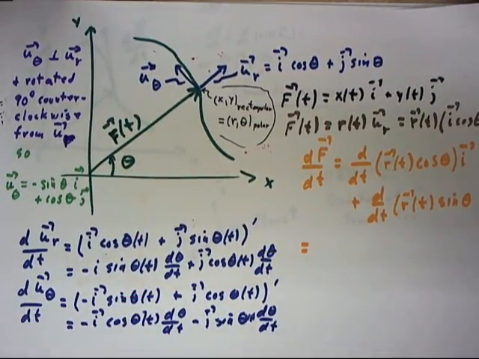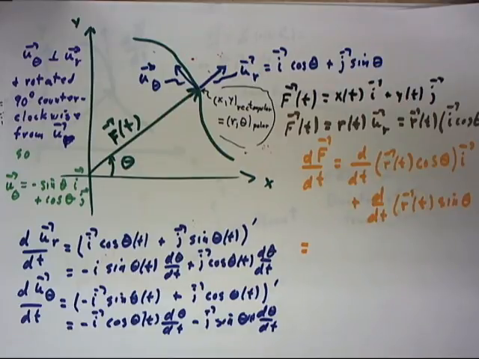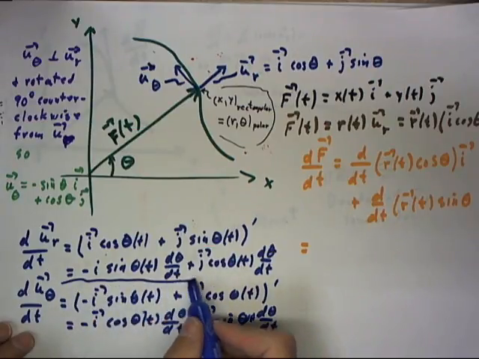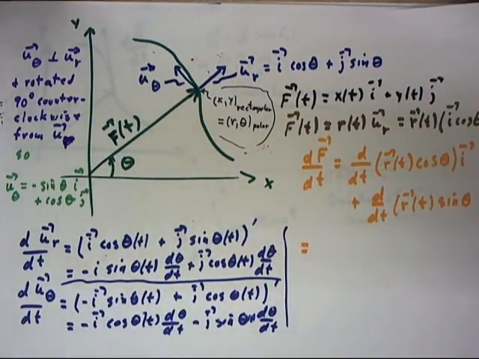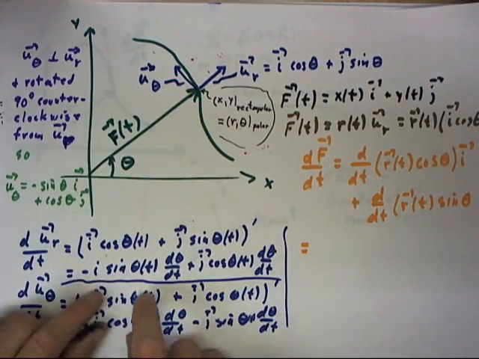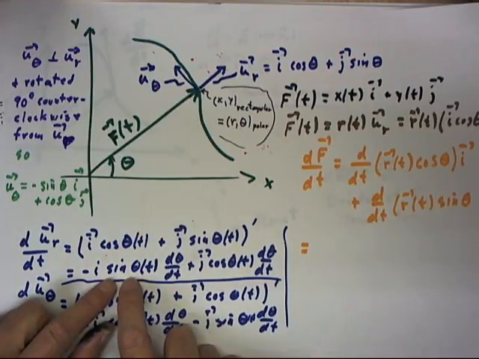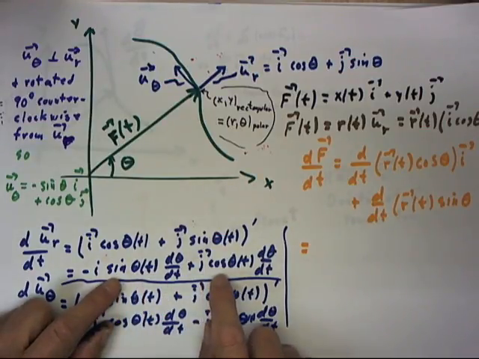If we look at this closely, we see something kind of interesting. This has gotten a little bit crowded here, and I apologize for that, but let's try to live with it. Okay, our du_r dt has i component negative sine theta and j component plus cosine theta.